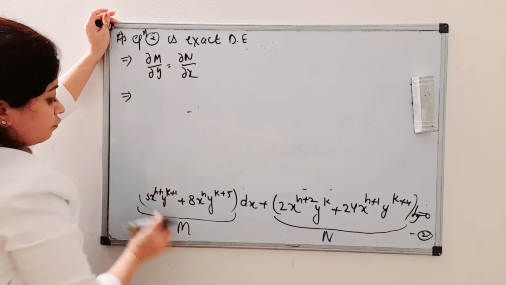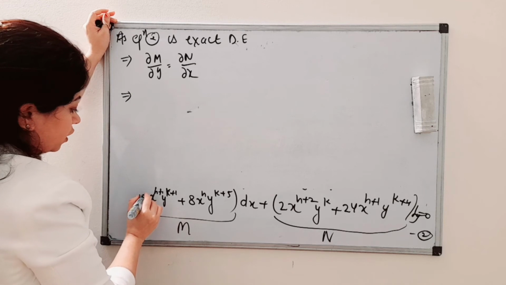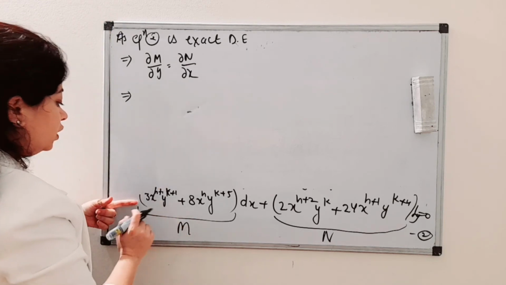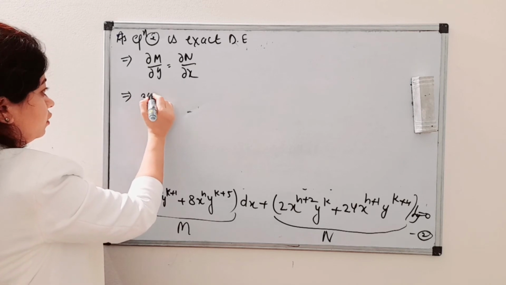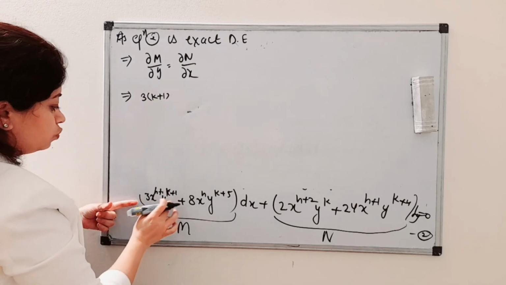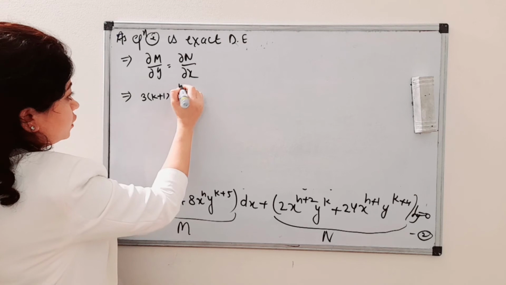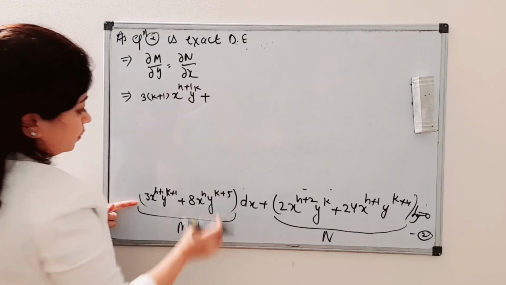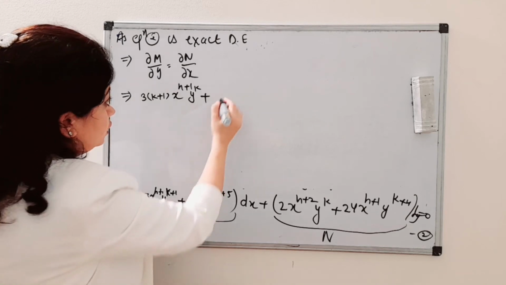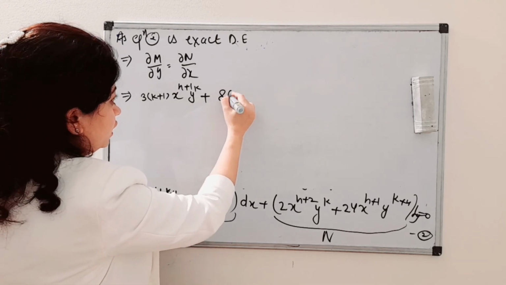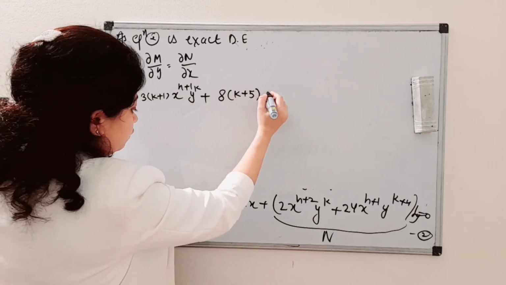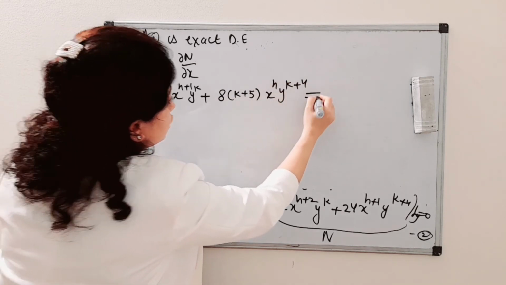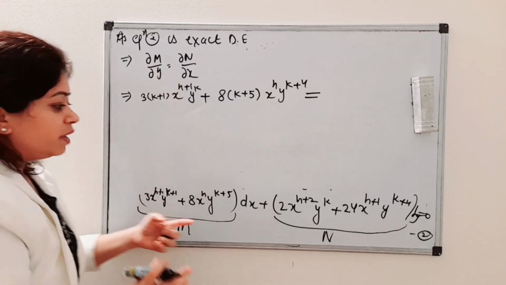What is curly M by curly y? Now find curly M by curly y. We will find it. So it will be 3(k plus 1) x raised to power h plus 1 y raised to power k, plus, differentiate this now, 8(k plus 5) x raised to power h y raised to power k plus 4, is equal to curly N by curly x.